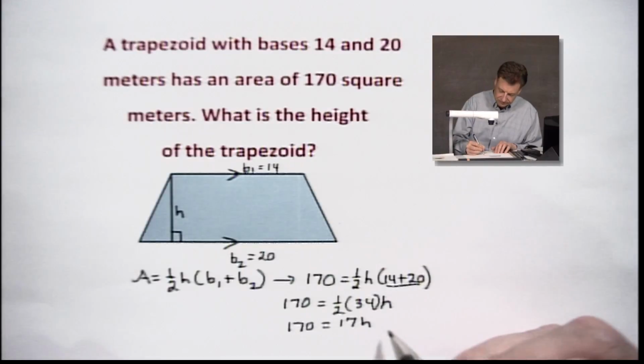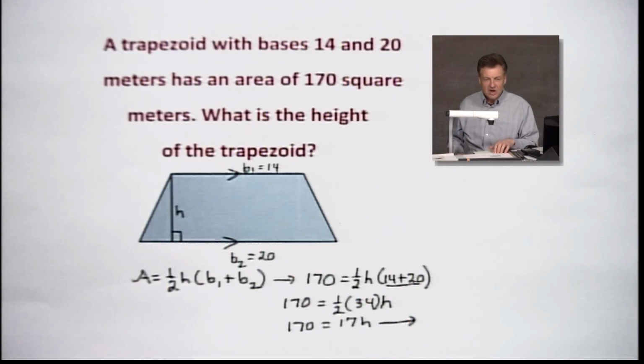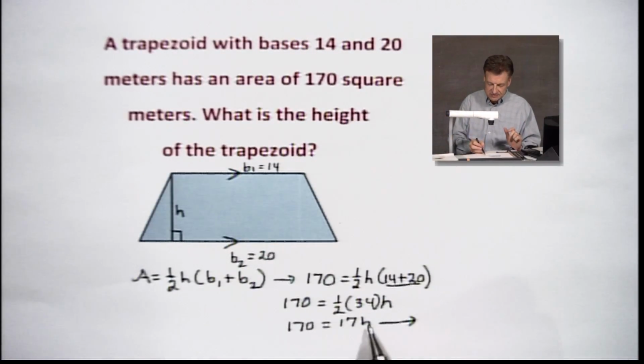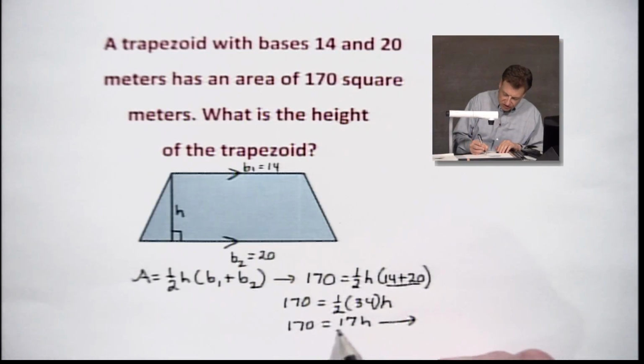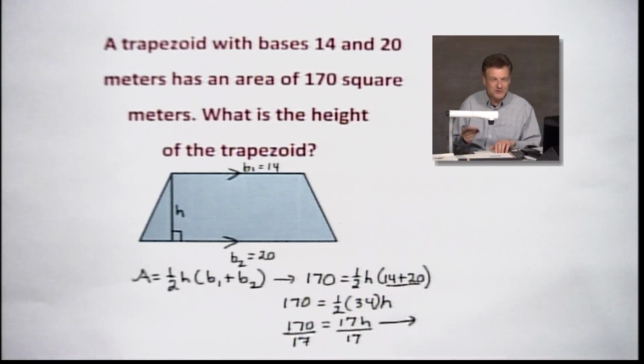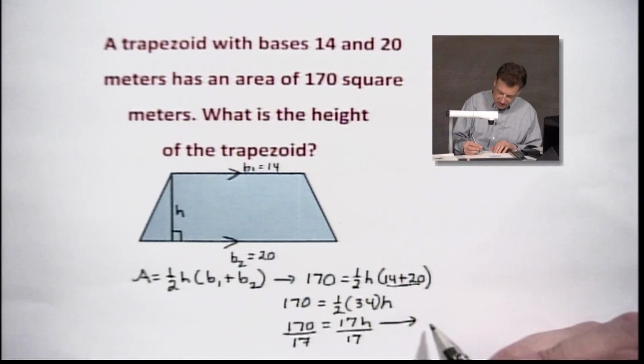Now, slide a little bit this way. What is this saying? It says 17 times something will give you 170, right? So if we divide by 17, both sides, you like my properties of equality, I do too, a division property of equality. And what have we got there? We're all off the screen, so we're just going to finish it right over here.